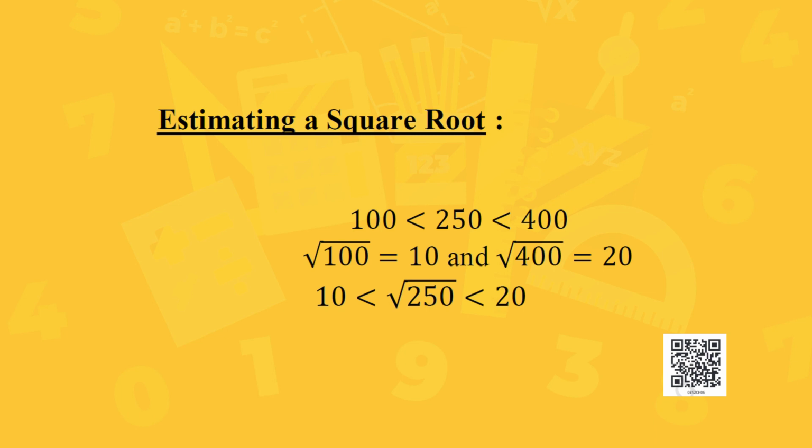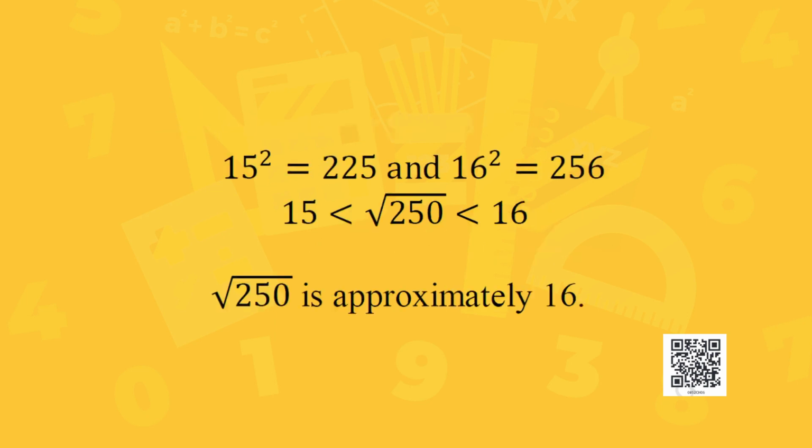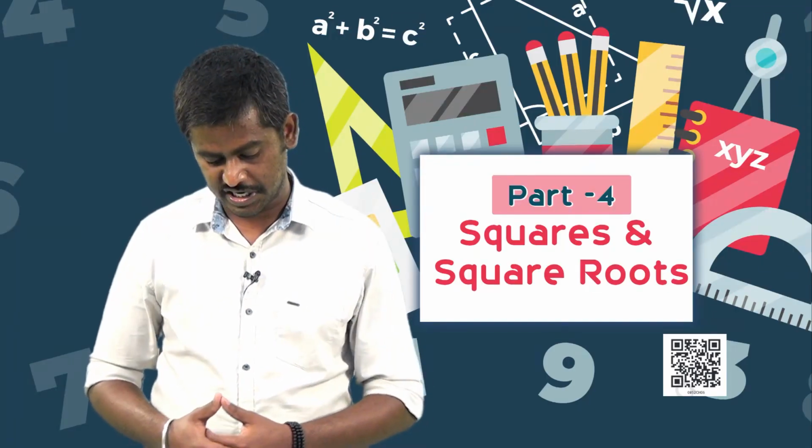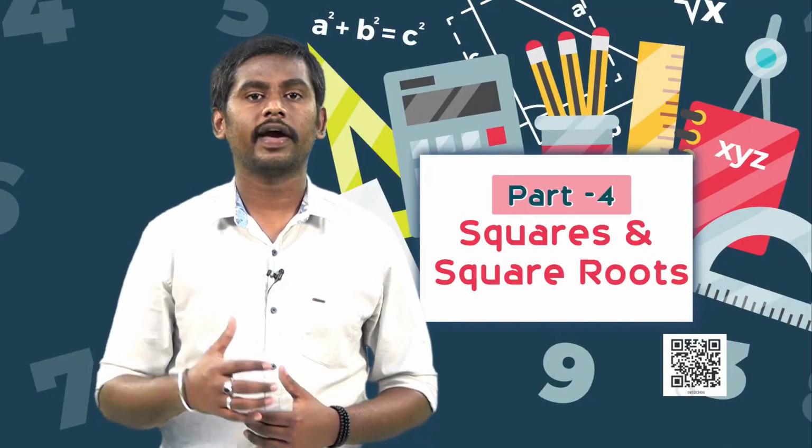But still we are not very close to the square number, because we know that 15 square is equal to 225 and 16 square is equal to 256. So 15 is less than square root of 250, which is less than 16, and 256 is much closer to 250 than 225. So, the square root of 250 is approximately equal to 16. That is how to estimate square roots.